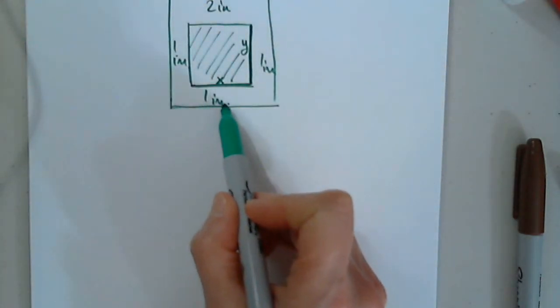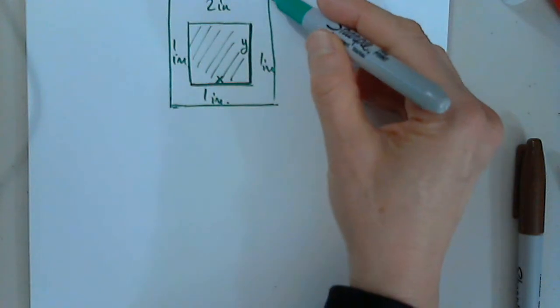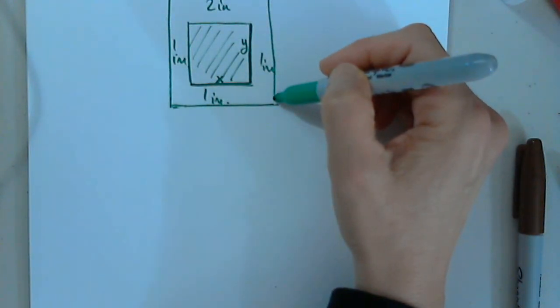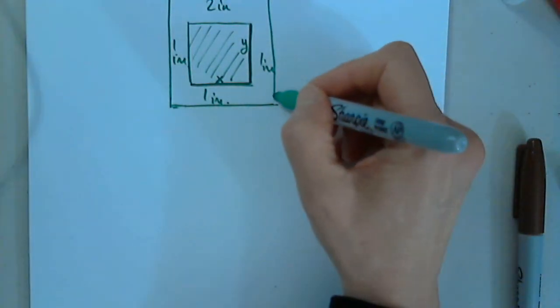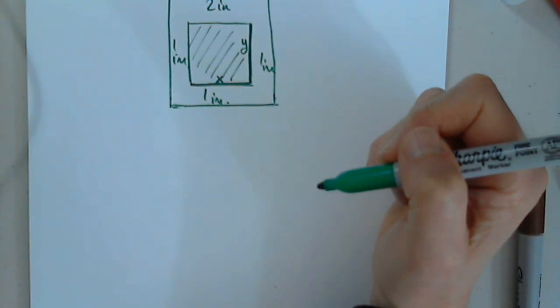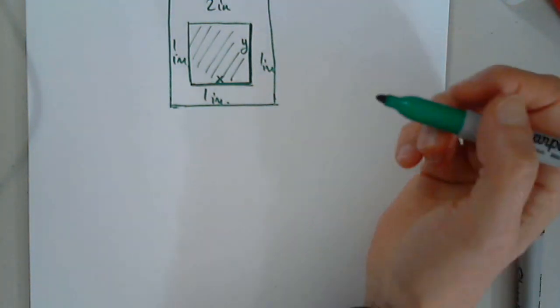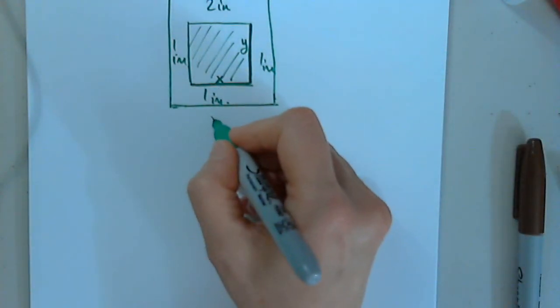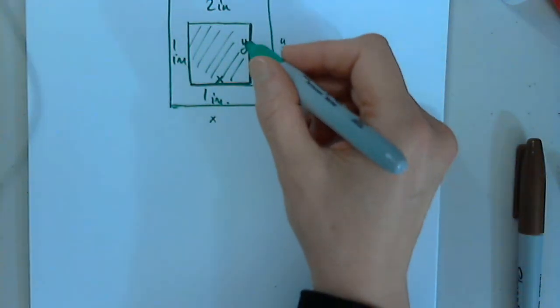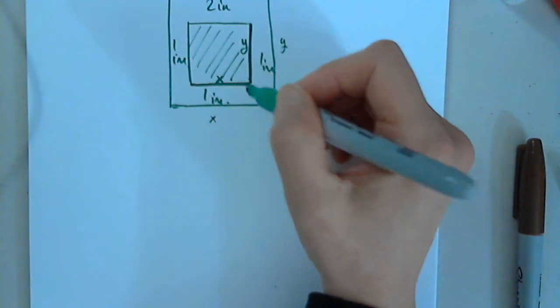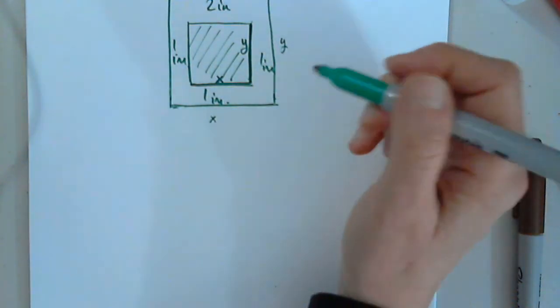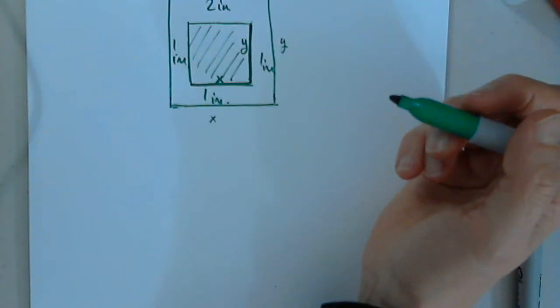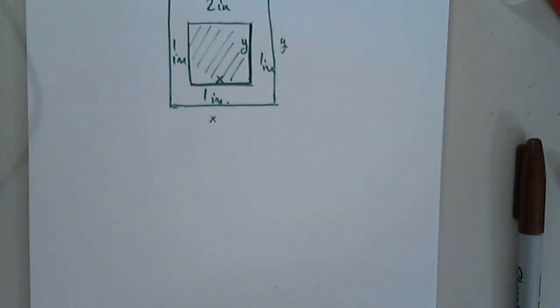Another option is to call this X and this Y. It doesn't really matter. It's up to you. We can call this X and this Y, and then I will change this dimension into something else, and you'll see in a moment what it is. Let's go with the second option.